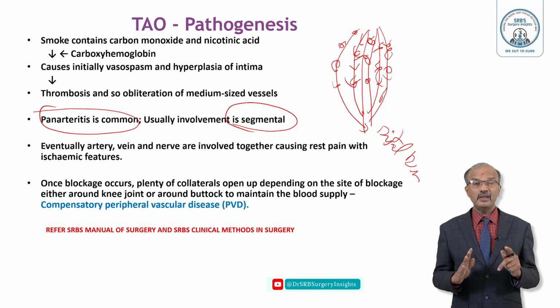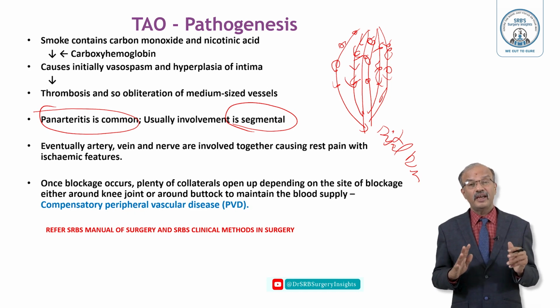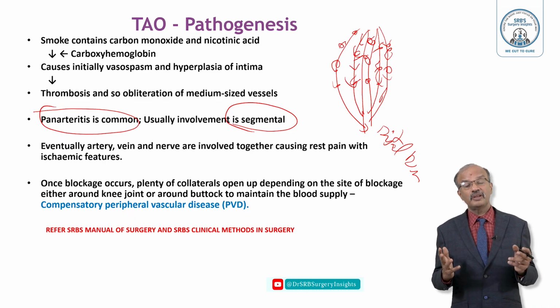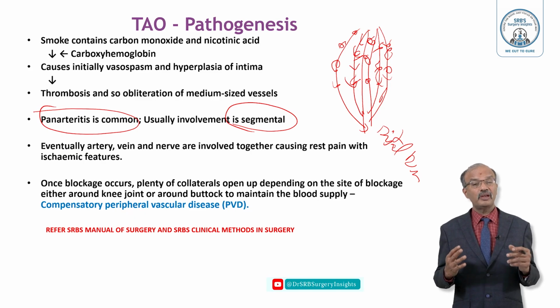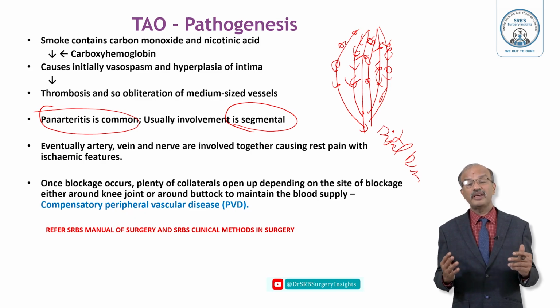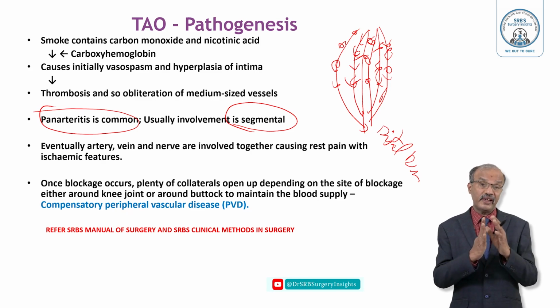They will have rest pain, severe pain, not responding to any analgesics, and their toe pressure and ankle pressure will be reduced. ABI, the ankle brachial pressure index, will also be reduced.